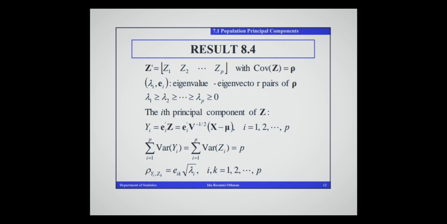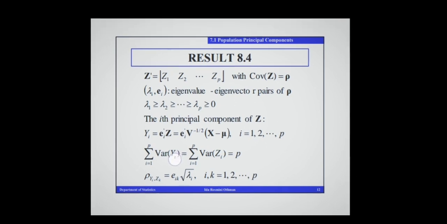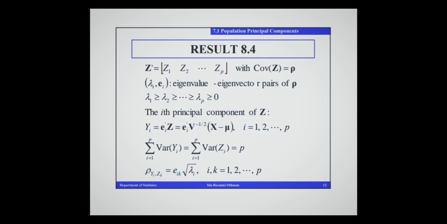we transform from x to x minus mu divided by sigma. Okay. And then according to the theorem, when we are using rho to find the principal components, we should know that the summation of variance, or total of the variance of the principal components, equals the total of the variance of the variable z, which is the standardized variable, and equals p. When you total up all the variance of y and all the variance of z, you will get the value p, which is the number of variables.